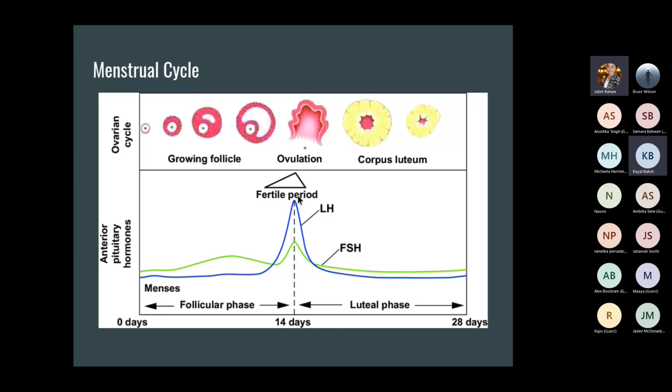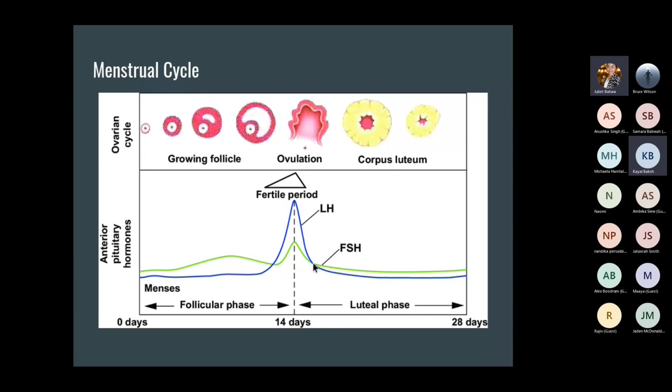After that fertile period, the hormones LH and FSH are going to decrease. Because no fertilization occurred, that same egg will end up degenerating, so it can no longer become fertilized.